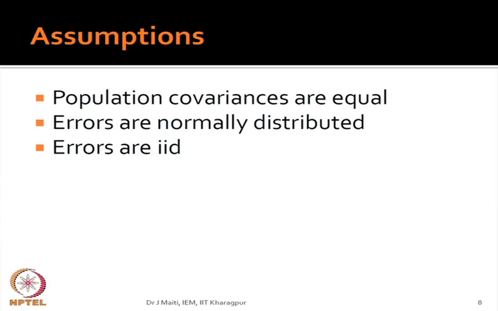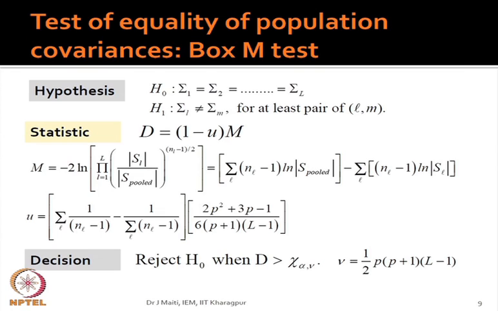Now we will see the assumptions. What are the assumptions? Population covariances are equal. Errors are normally distributed, errors are IID. We will see first the population covariances are equal, how to test it. We will be using the Box M test.